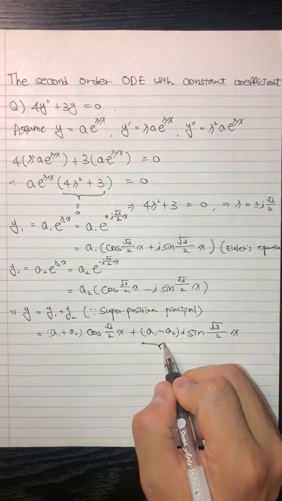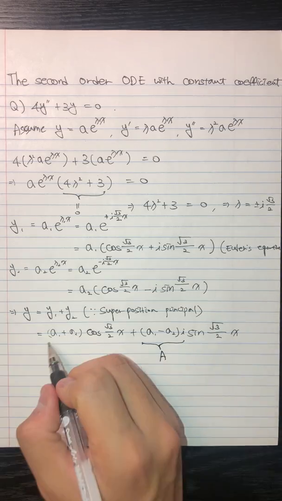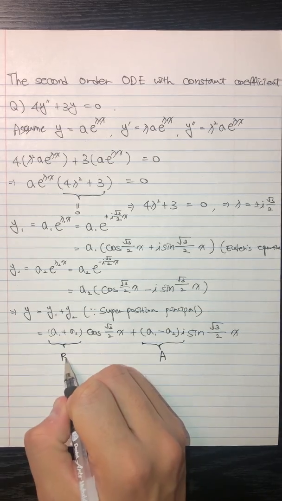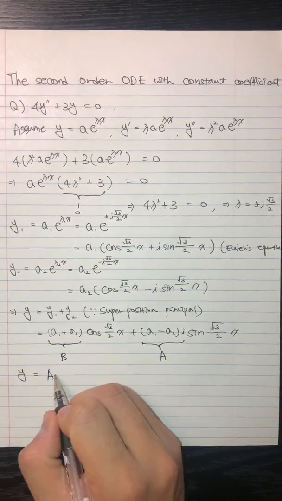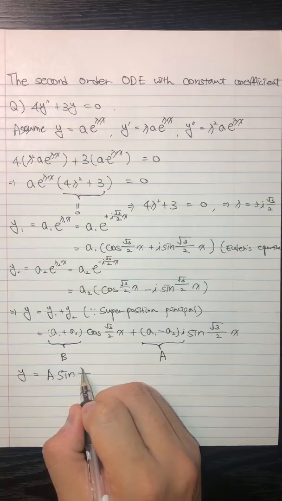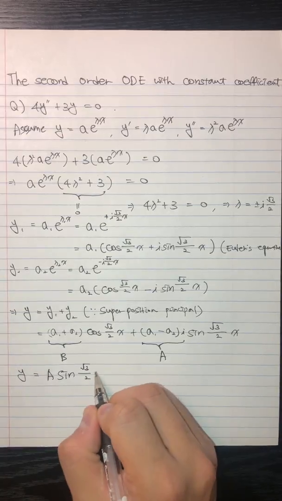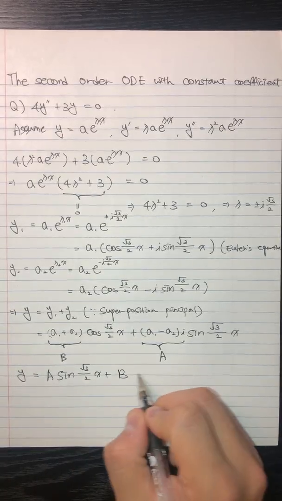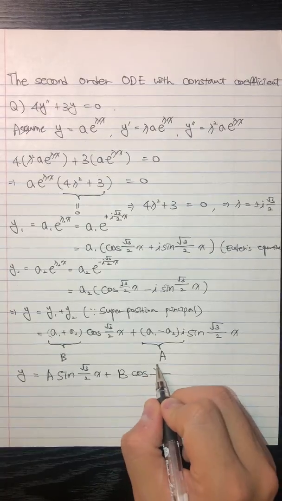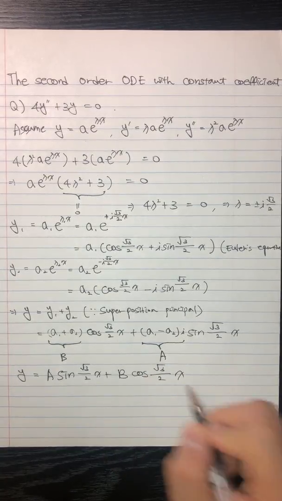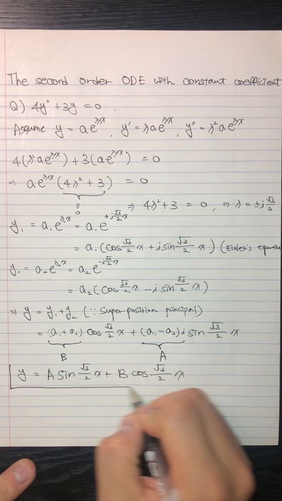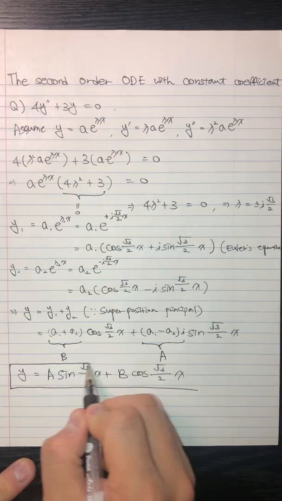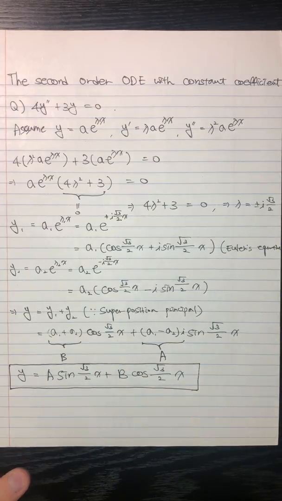If we call this term large A and this term large B, we can rewrite y = A sine of √3/2 x plus B cosine of √3/2 x. Right? This is our final solution. Very straightforward, right? Okay, thank you.